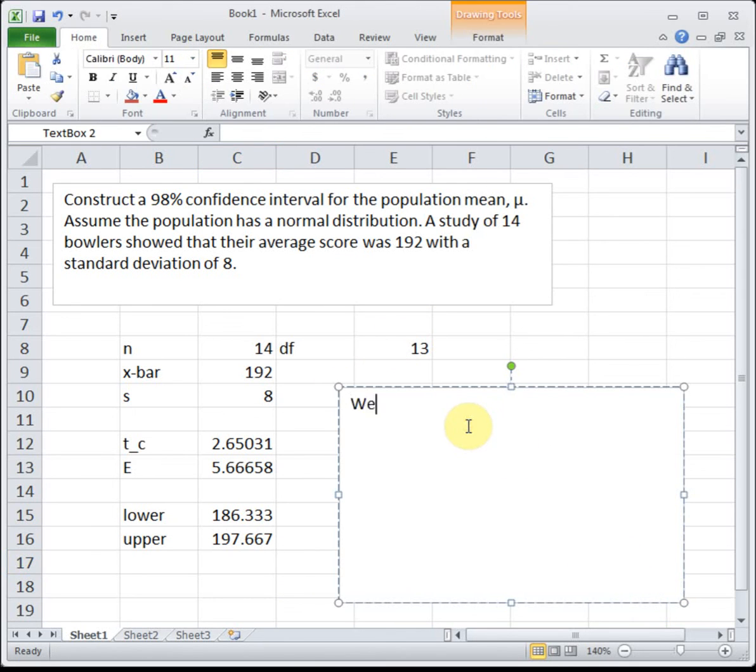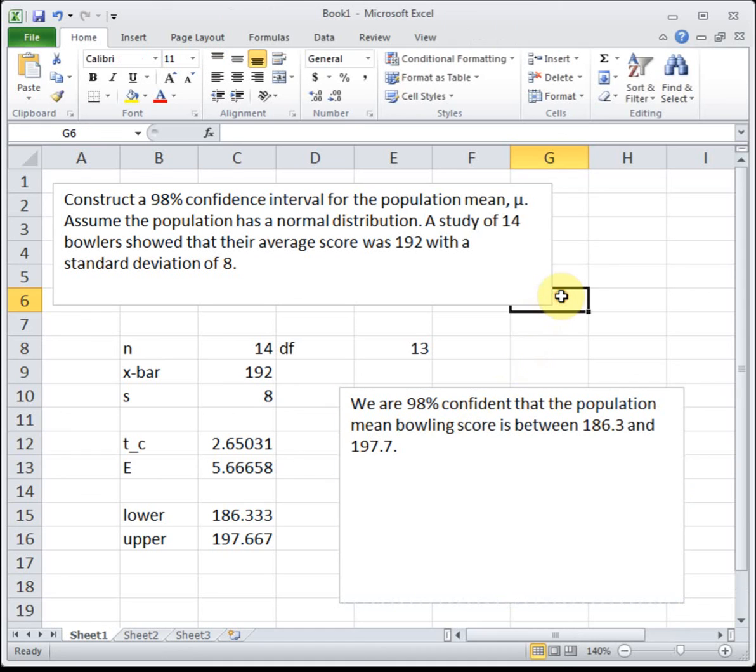What this is saying is that we are 98% confident that the population mean bowling score is between 186.3 and 197.7.